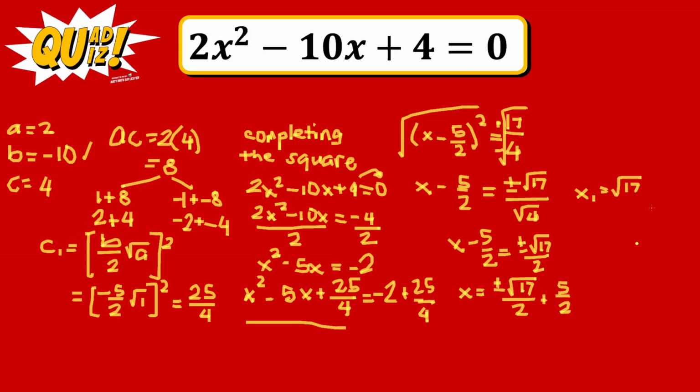And since they are similar fractions, let's try to combine them. Square root of 17 plus 5 all over 2. And the second root is the negative of that. Negative square root of 17 plus your 5 all over 2. So these are now the 2 roots of this given equation.